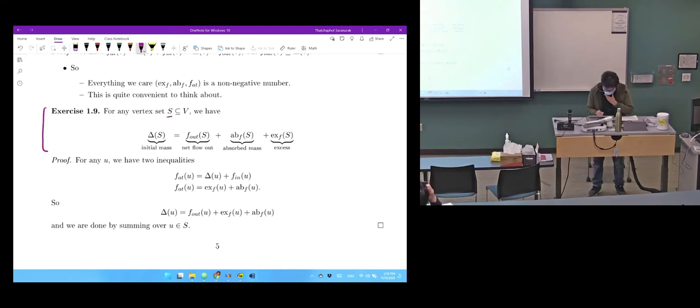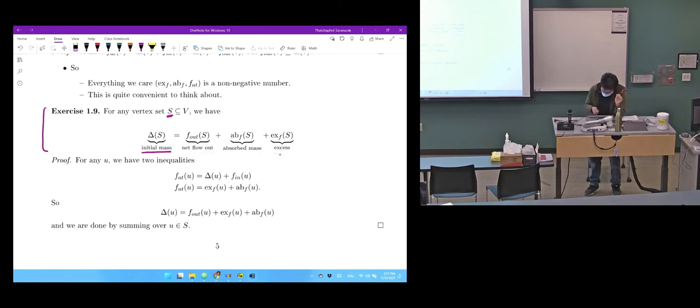So if you have any set S, then the total initial mass at S is going to be equal to these three terms exactly.